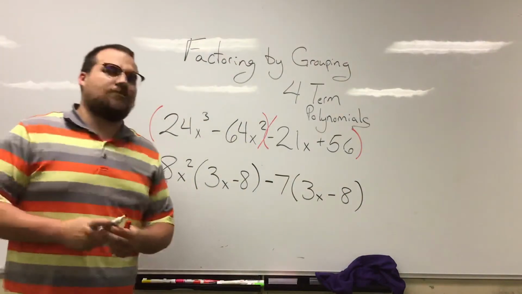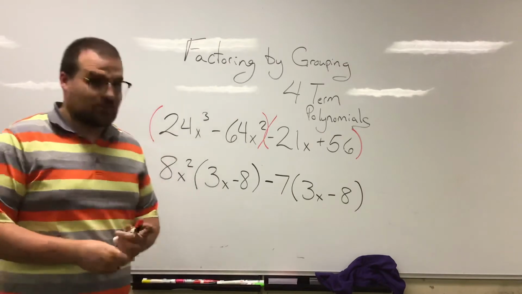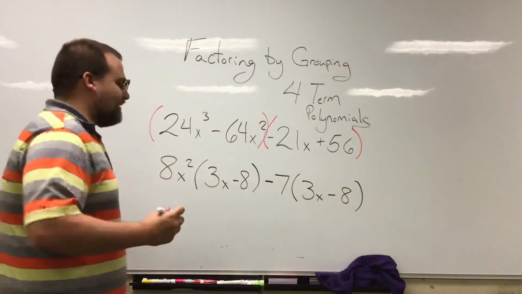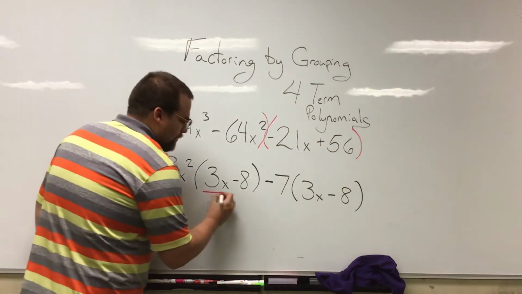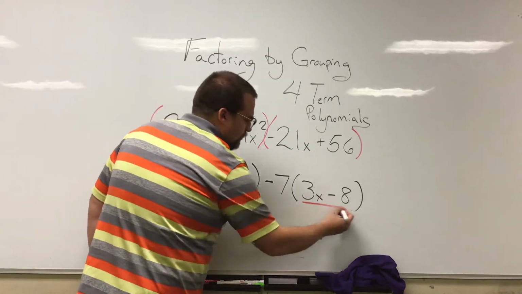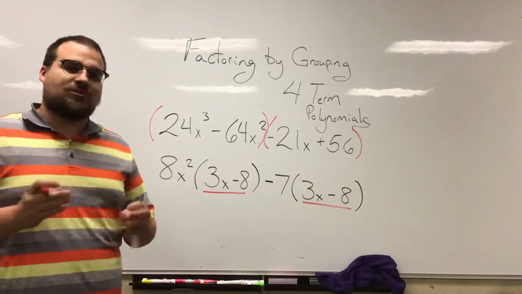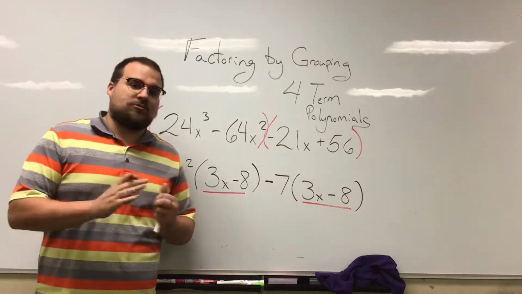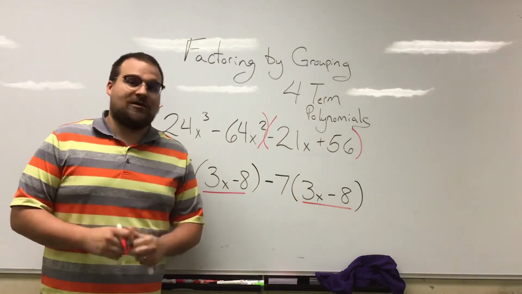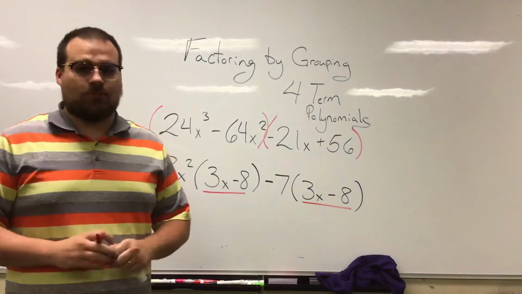You'll notice something important here. Again, very much like the AC method, we have a self-check mechanism. The binomials in these groups match. That's our self-check mechanism. If those match, we've done something right. If they don't match, then we've gone awry somewhere.